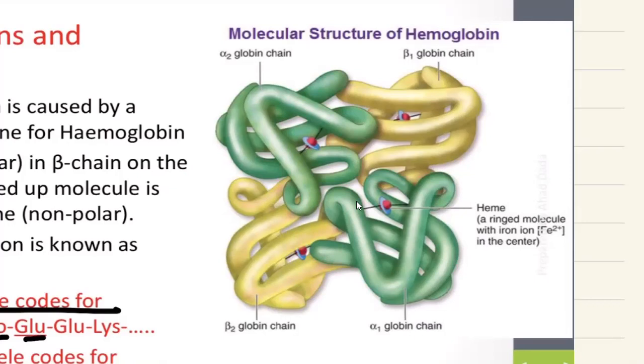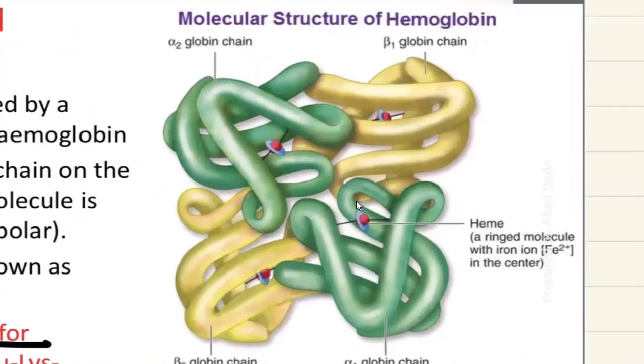Since structurally it is a polypeptide chain, which means it's a sequence of amino acids, that means, from what we did in transcription and translation, we all know that the sequence in which the amino acids are arranged depends upon the DNA code that was transcribed into an RNA codon, and the RNA codon that was translated into a sequence of amino acids.